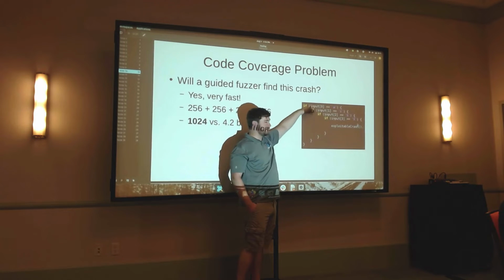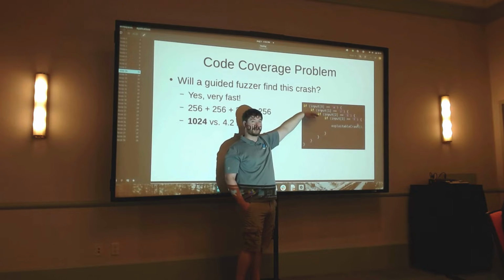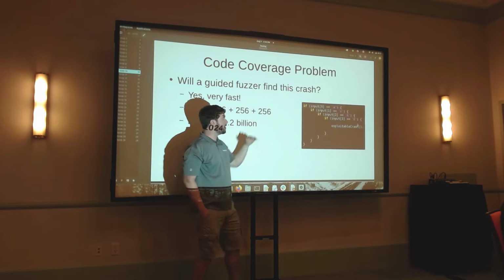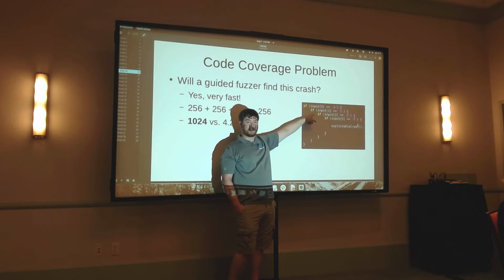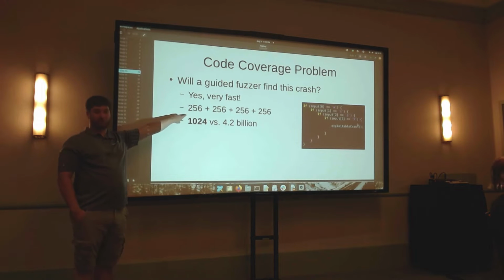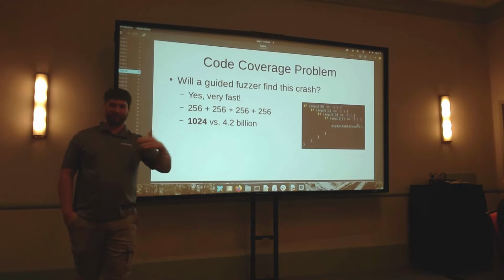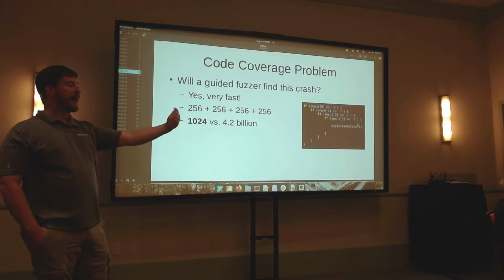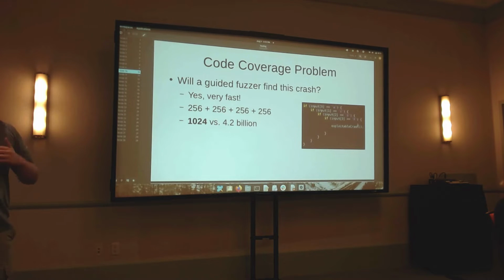As soon as I see that this if statement did something different, I feed that sample back in, and now I'm working on the next byte. So I've taken a problem that was 256 to the fourth power, and I've reduced it to 256 plus 256, 4 times. Vast speed increase. Instead of 4.2 billion possibilities, now I have 1,024. Way faster.